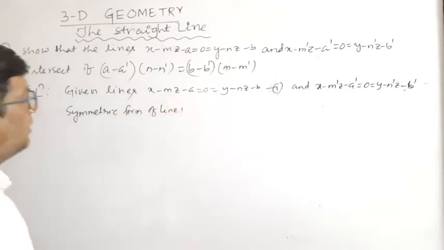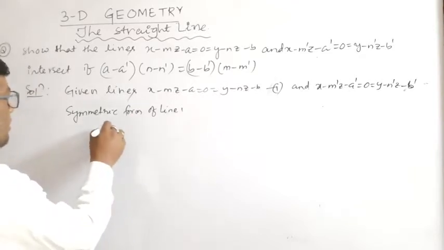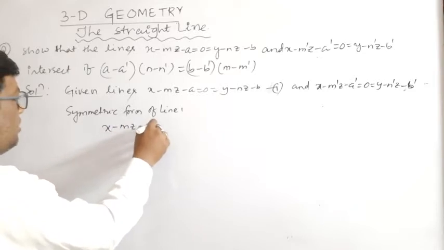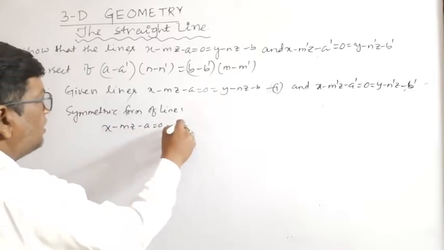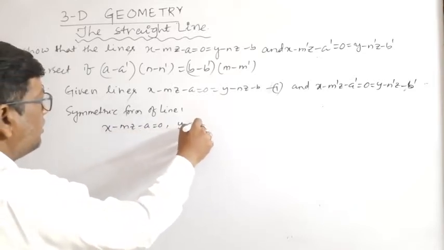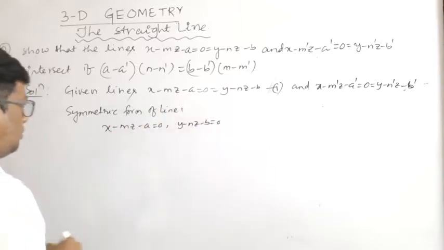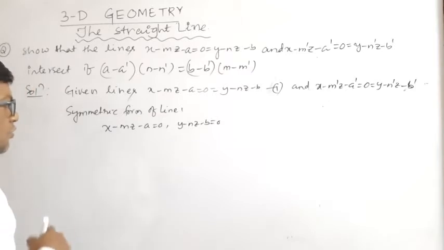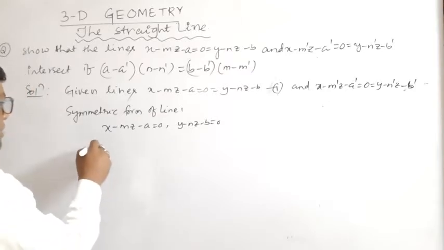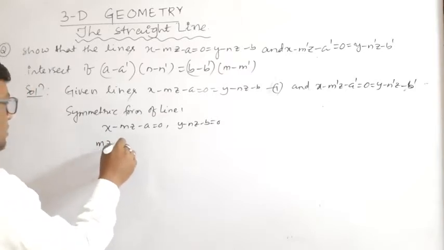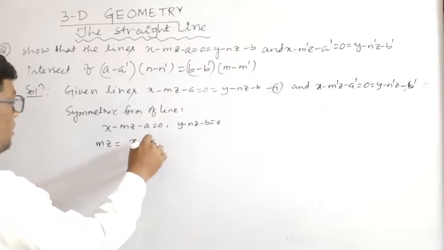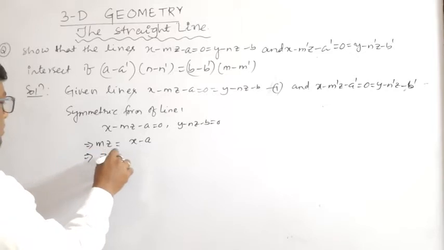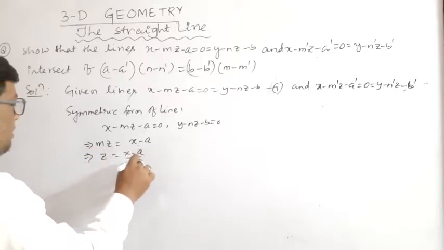So, here x minus mz minus a is equal to 0 and y minus nz minus b is equal to 0. So, here z is common to both. So, mz is equal to x minus a, that implies z is equal to x minus a by m.